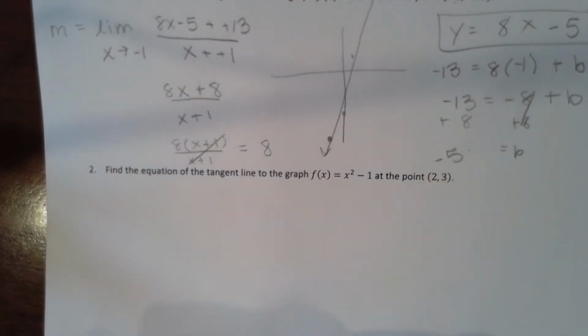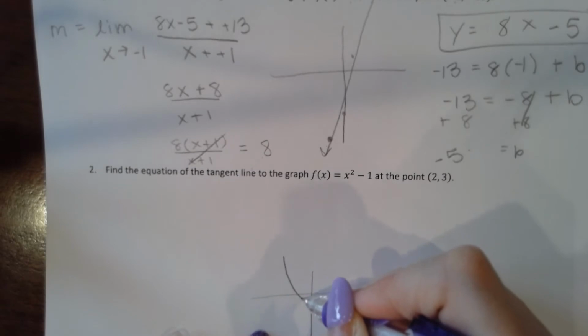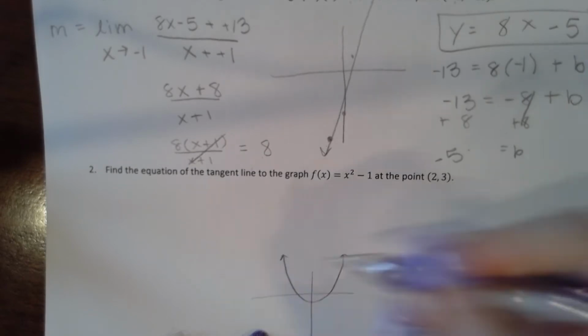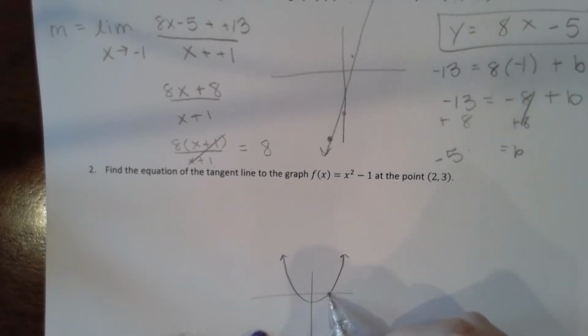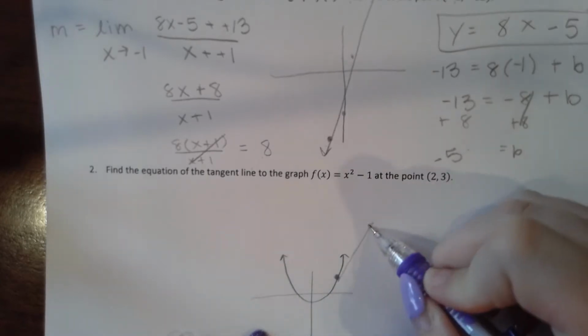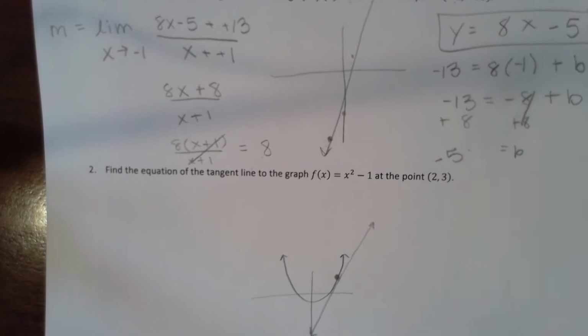Okay, so for example, in number 2, we have a quadratic. So we've got x squared minus 1. So that's going to look something like this. And we want to know at the point 2, 3, so maybe that's right here, what is this tangent line, y equals what? Mx plus b.